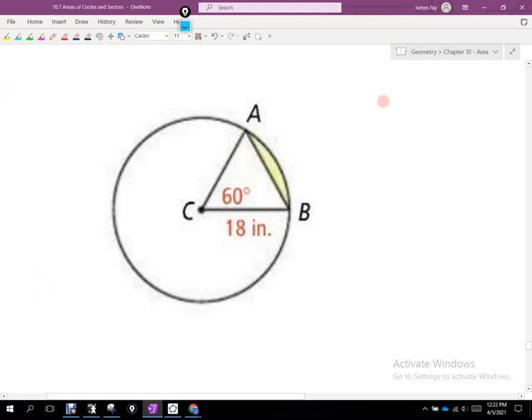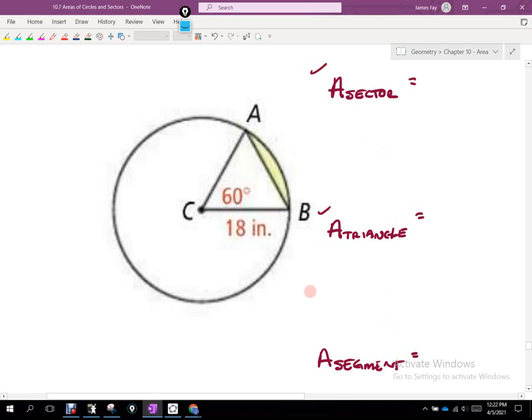I need the area of the sector, and I need the area of the triangle, and then the final thing will be the area of the segment. These two things can be found independently, meaning the order doesn't really matter. But once I have those two, I subtract to get this one.